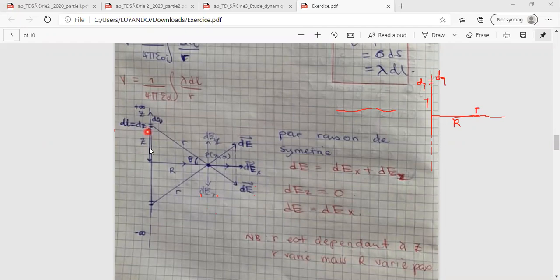Since we're dealing with a wire, I chose to use dL, which can be used for a line, or you can use dz as well. In this case, I'm using z. My portion from here to here is z, and my height here is dz.